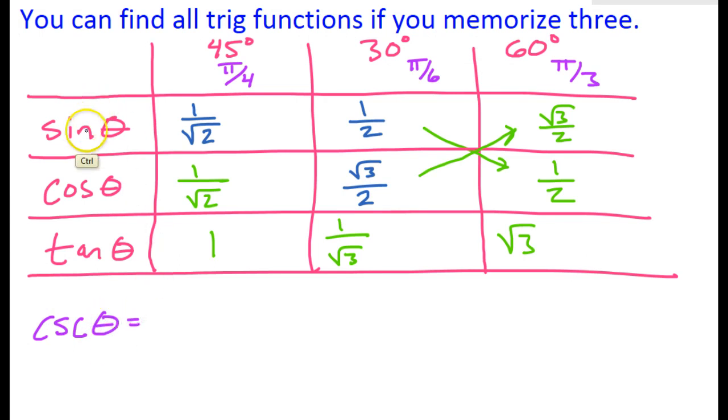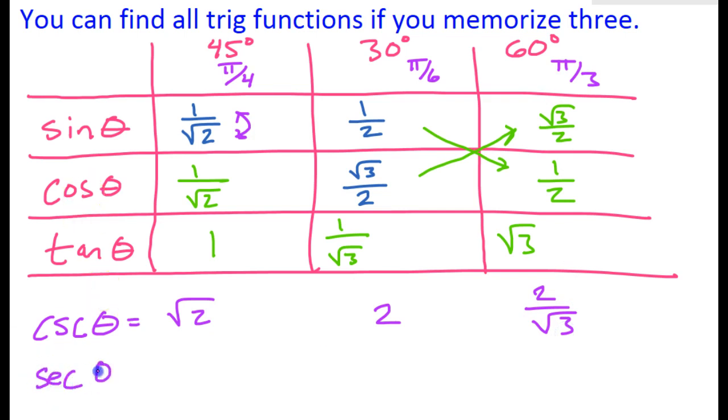Cosecant is just the reciprocal of the sine function. So if sine is 1 over radical 2, we would just turn that upside down, and that becomes radical 2 over 1. And the reciprocal of 1/2 is 2. And the reciprocal of radical 3 over 2 is 2 over radical 3.